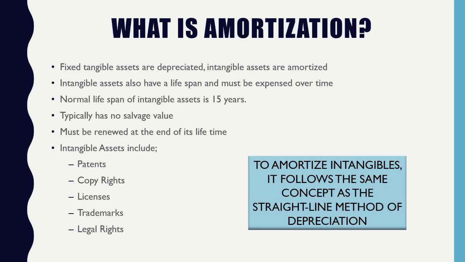But in terminology, amortization, depletion, depreciation, they all mean the same thing. You're just going to find a way to expense the item as if you used the item. Same thing here for amortization, except the key factor is that we only do it to intangible assets.